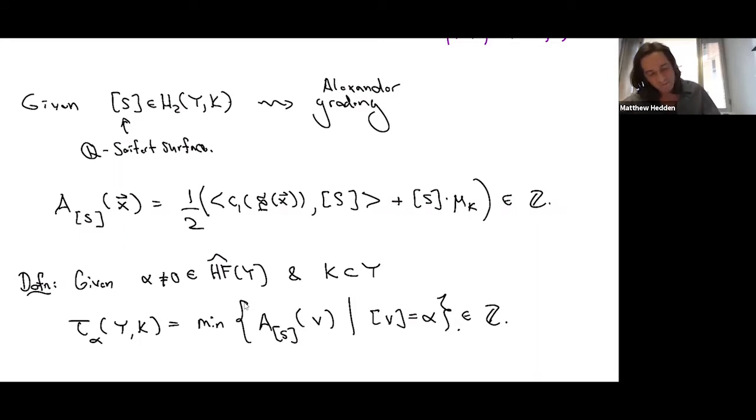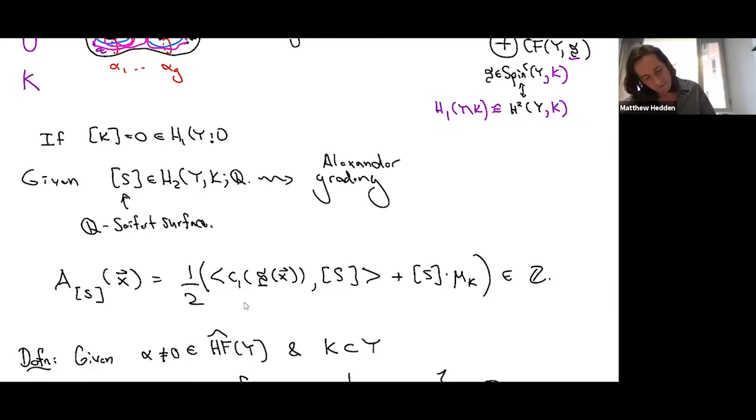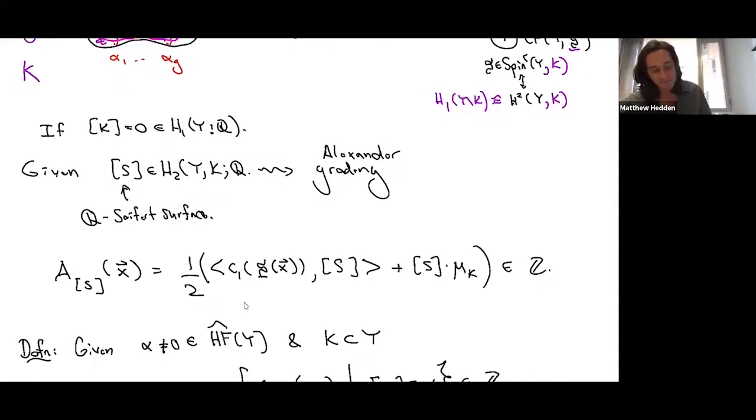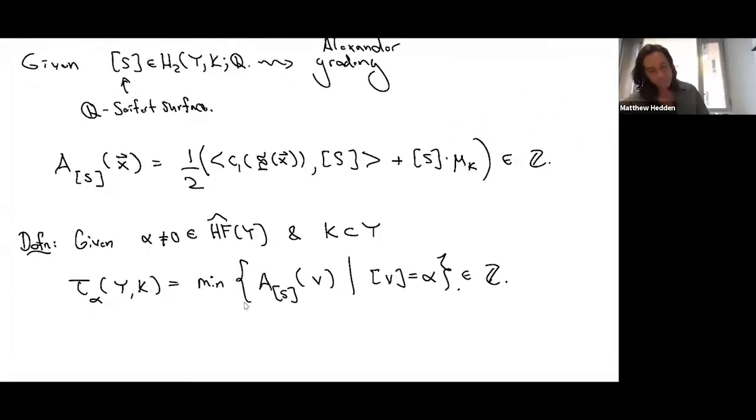So if the knot is rationally null homologous, which just means that its homology class vanishes in H1 of Y with rational coefficients, well, then some multiple of its homology class will bound a surface, and so I can take a Q Seifert surface.